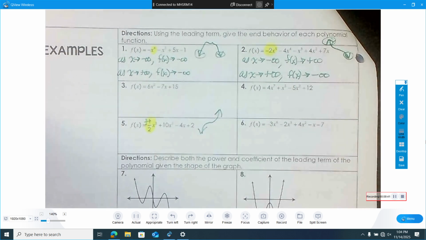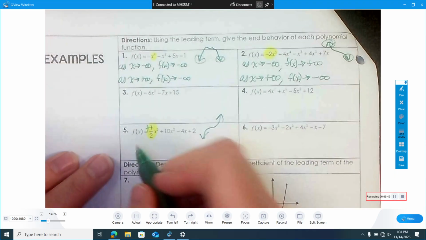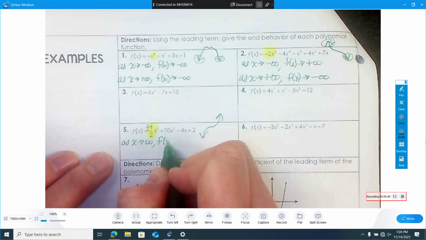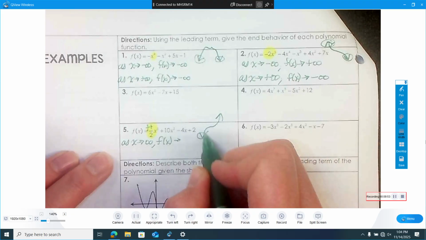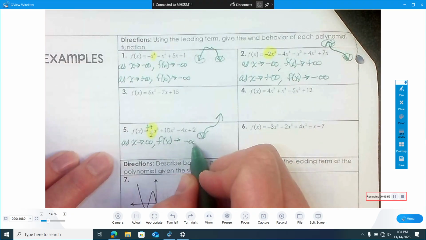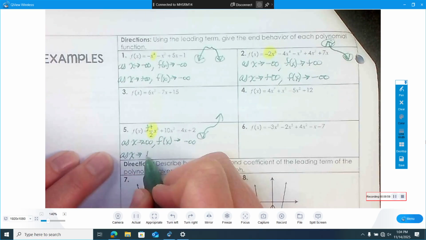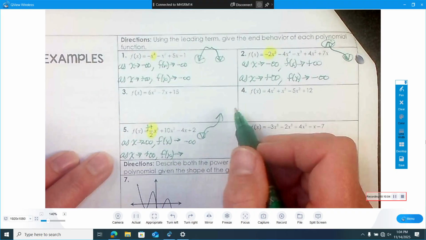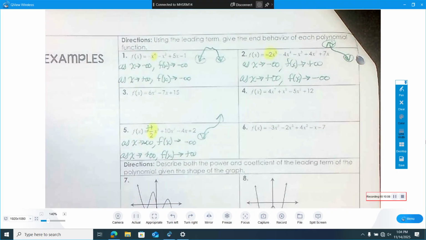Those odd arms are ultimately going uphill from left to right, okay? All right, so as x approaches negative infinity, where is my function going? Down. Yep, left arrow goes down to negative infinity. As x approaches positive infinity, f of x approaches positive infinity. It goes up. All right.